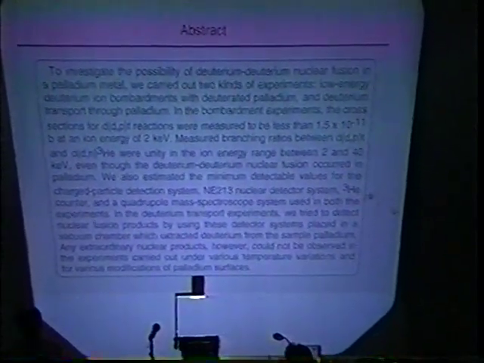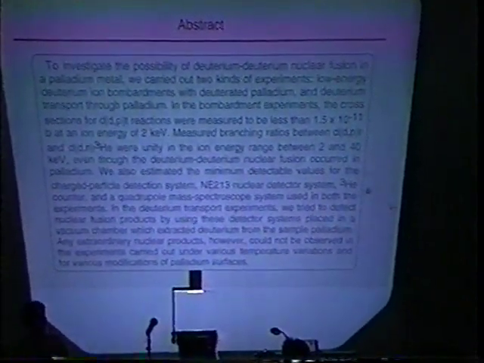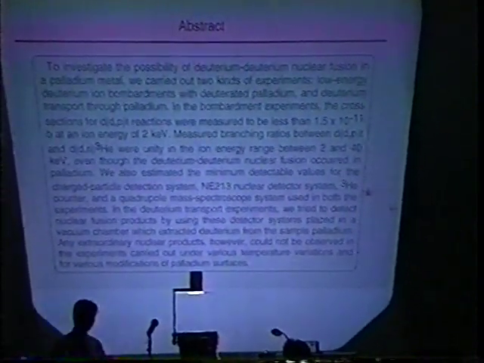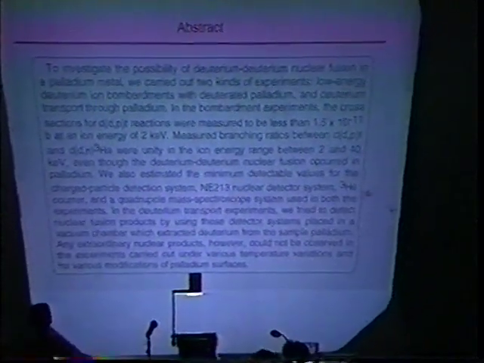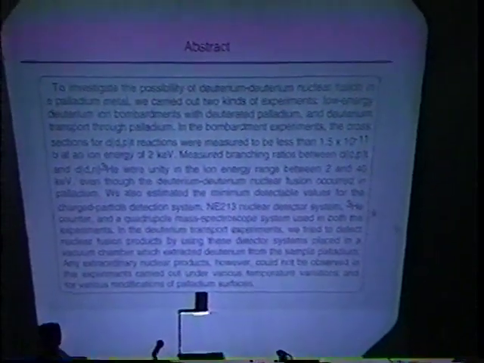In addition to the transport experiment, we will also talk about the experimental result of low-energy deuterium ion bombardment, in which we used an ECR ion sputtering system as an ion source at the deuterium ion energy of 2 keV. Thank you.